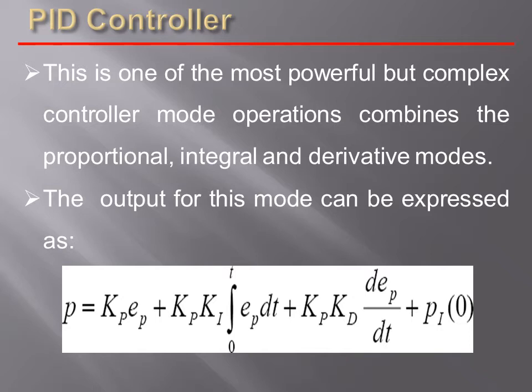So in this way P is equal to Kp Ep plus Kp Ki into integration of Ep dt from 0 to t plus Kp into Kd into d by dt of Ep plus Pi 0.